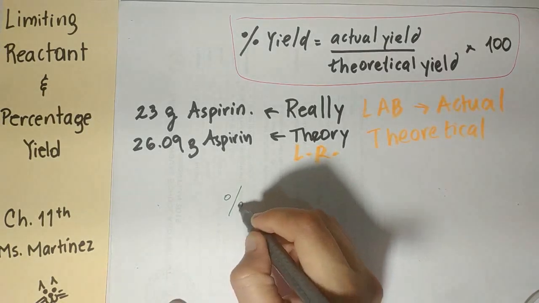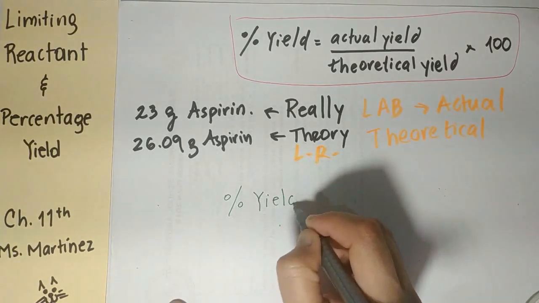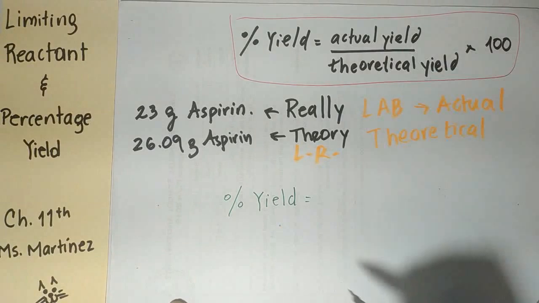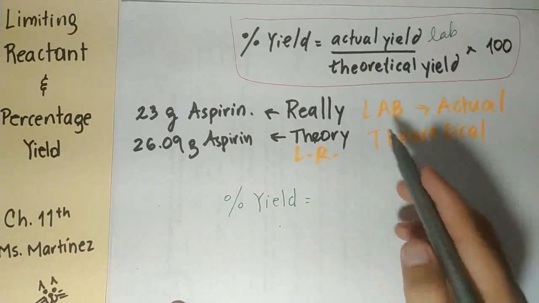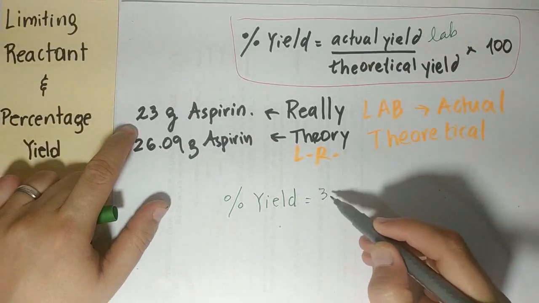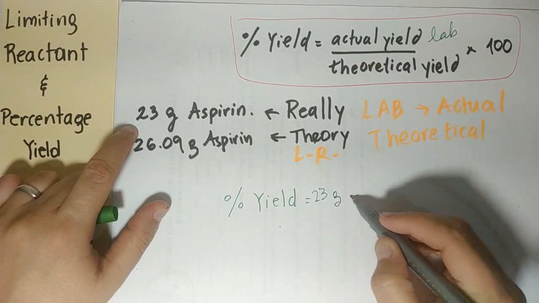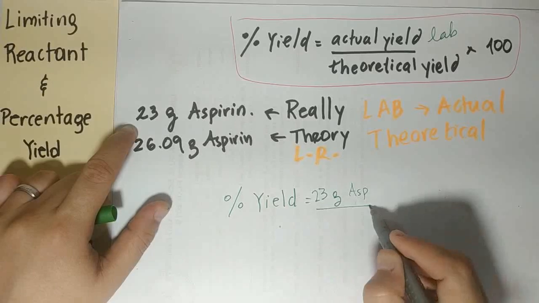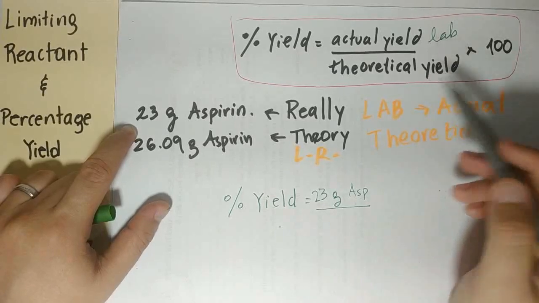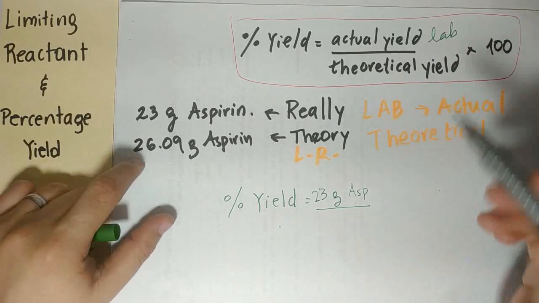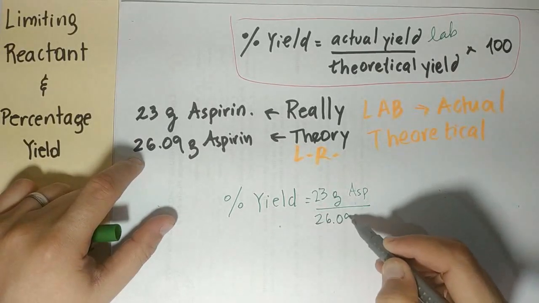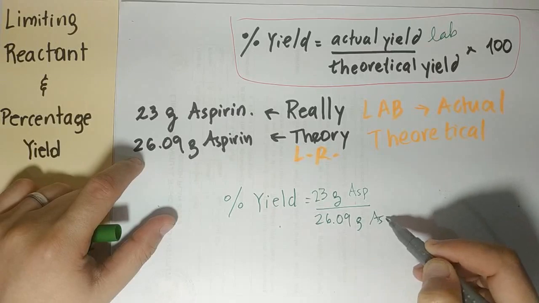So we say percentage yield equals the actual yield, which is what I got in the lab, and I got 23 grams in the lab. The theoretical yield is what I got from the limiting reactant, which was 26.09 grams of aspirin.